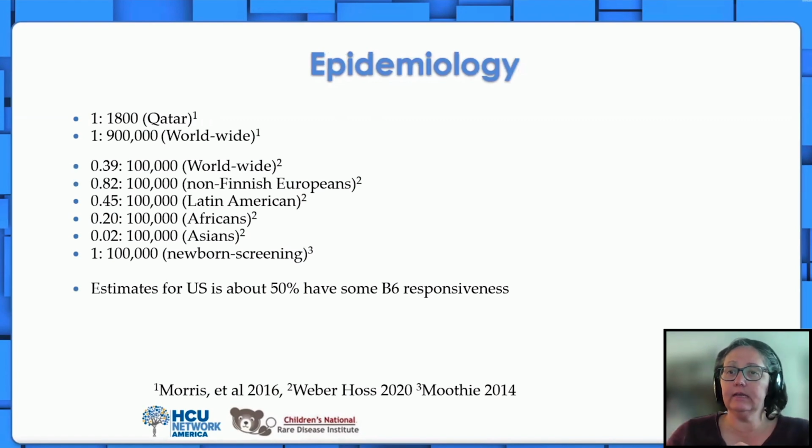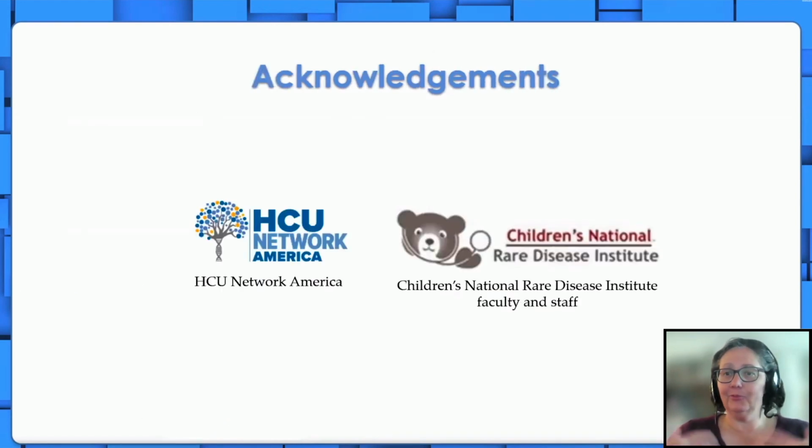Within the United States, there are probably more individuals with homocystinuria and CBS deficiency specifically, and part of this is because approximately 50% of individuals within the United States, knowing where our populations come from, are likely to be B6 responsive.